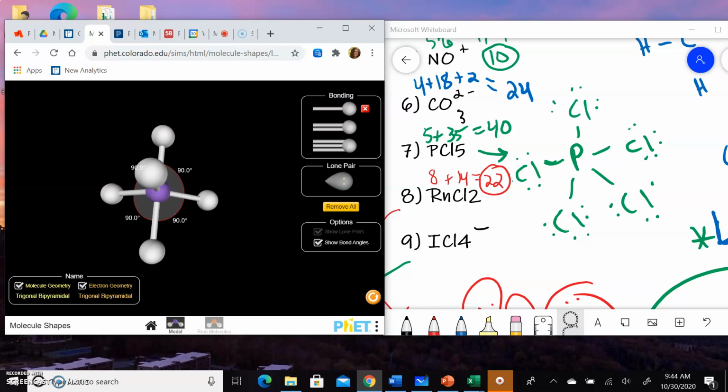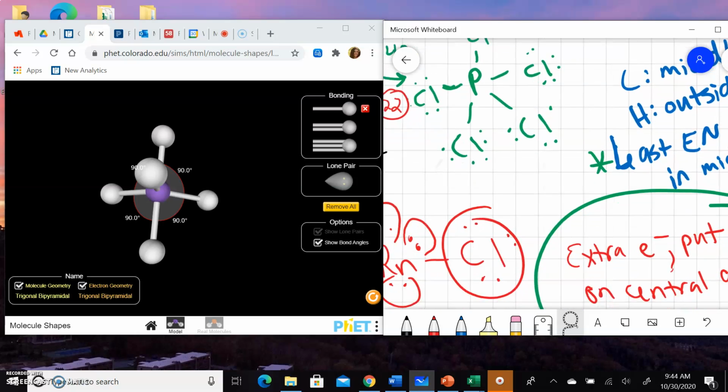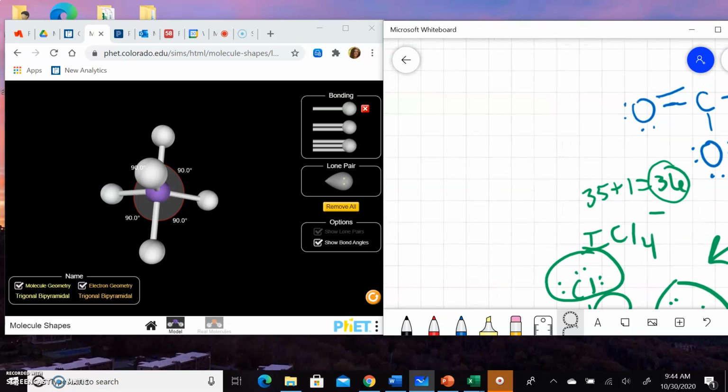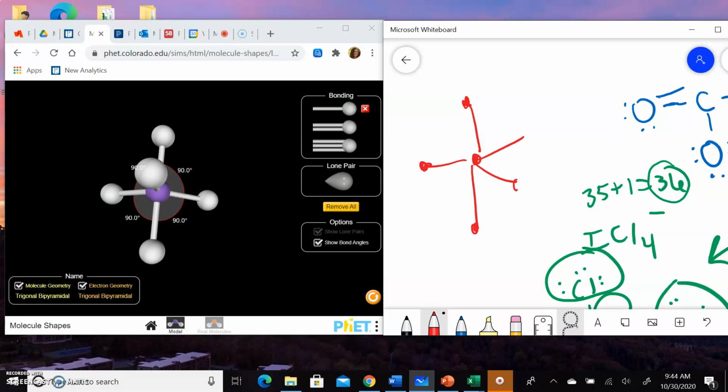This is called trigonal bipyramidal. Trigonal because you have 3 outside atoms around the belt, and then it's a bipyramid because it's like you have a pyramid going up and a pyramid going down. If you connected all those lines, let's see if I can draw it over here. You have one straight up, one straight down, and then around the middle you have this triangle here.